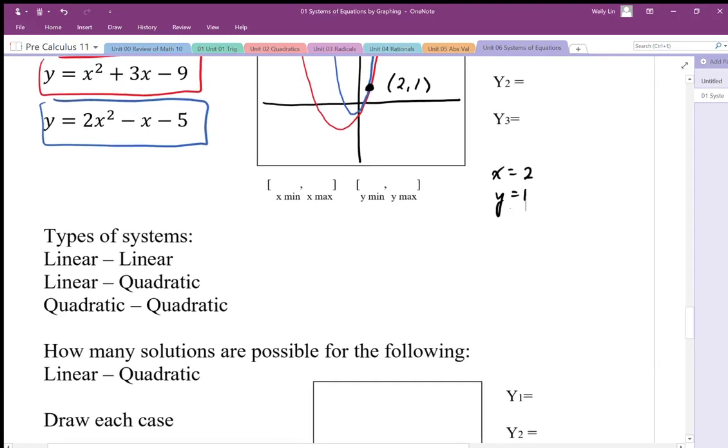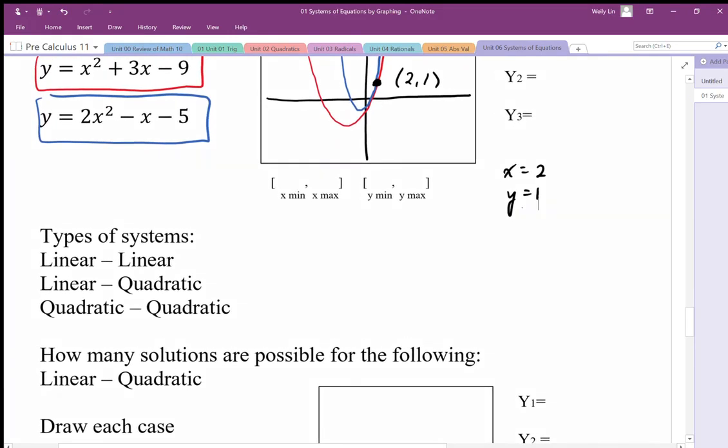So the types of systems that we're going to look at and encounter in this unit are linear, a linear quadratic, and a quadratic. We know that in a linear system, we have two straight lines, one line and another line, and we're just going to get one solution of x and y.